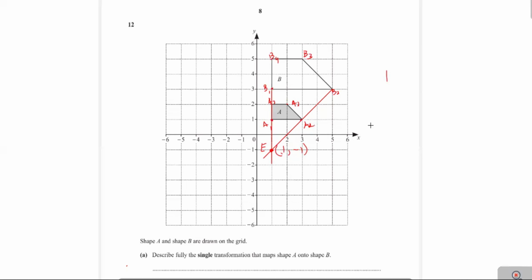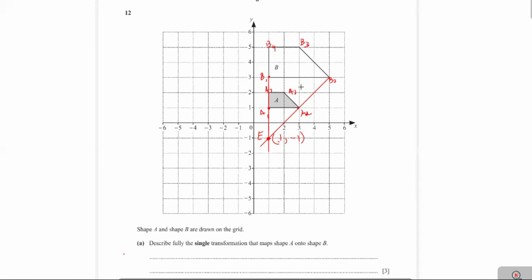Now to find the scale factor K of this enlargement, we take the ratio between the distance of the image point from the center of enlargement to the distance of the corresponding point of the object from the center of enlargement.